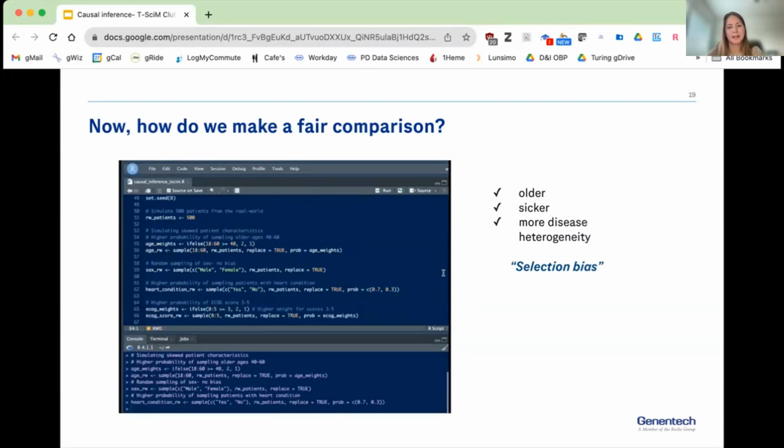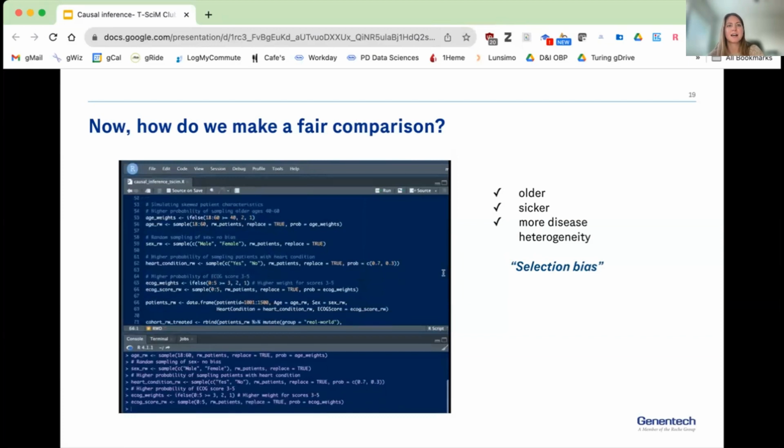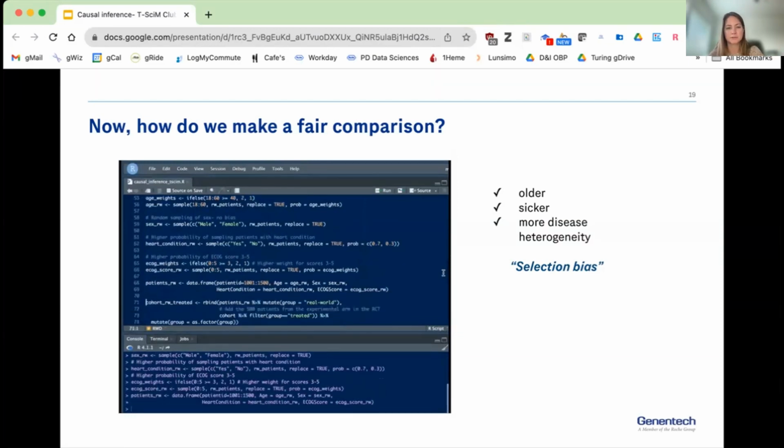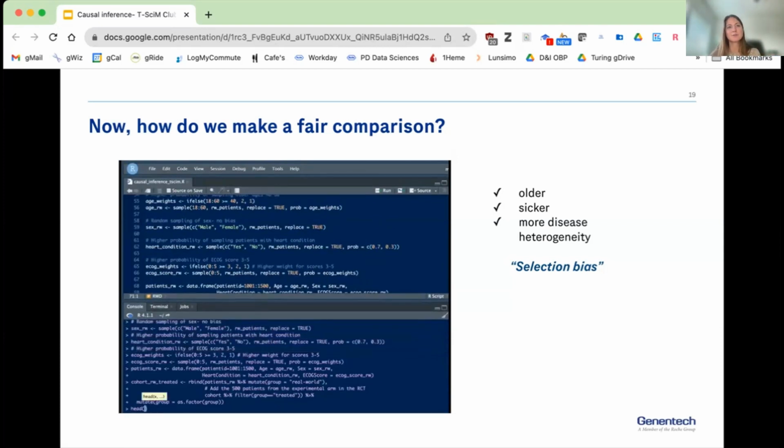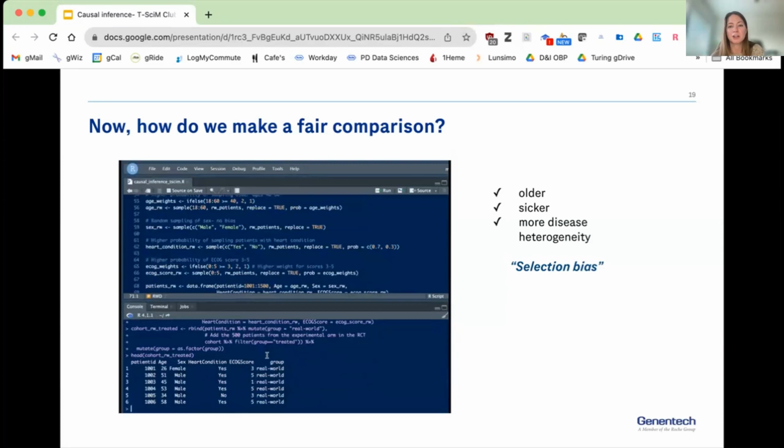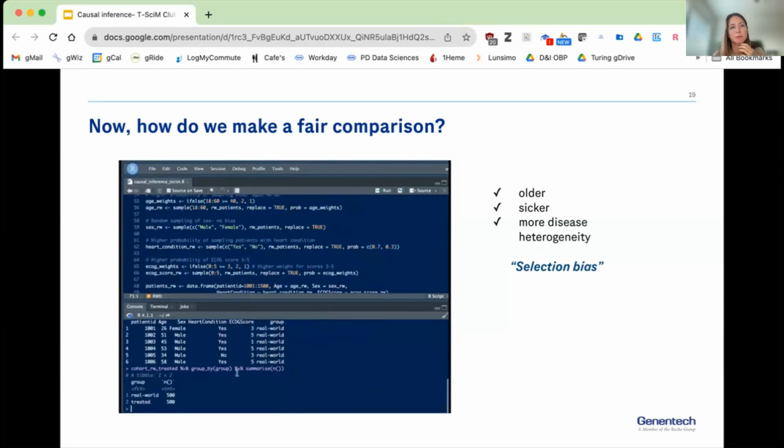I will not bias the sampling of sex, but I will bias the distribution of ECOG score, which is a prognostic score for cancer, as well as the probability of having a heart condition. So just in here, I'm going to show you that I've simulated 500 real-world patients, and I've added them to our clinical trial simulated treatment arm of 500 patients.